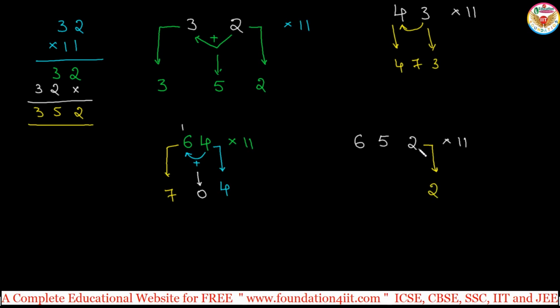Then with the 2, only two numbers you have to add: 2 plus 5 is 7. Again, continuing, 5 plus 6 is 11. So 1 is written here and 1 is carried to the next. Adding this 6 and the carried 1 gives 7. So 7172. Instead of writing it lengthily, you can follow this technique.